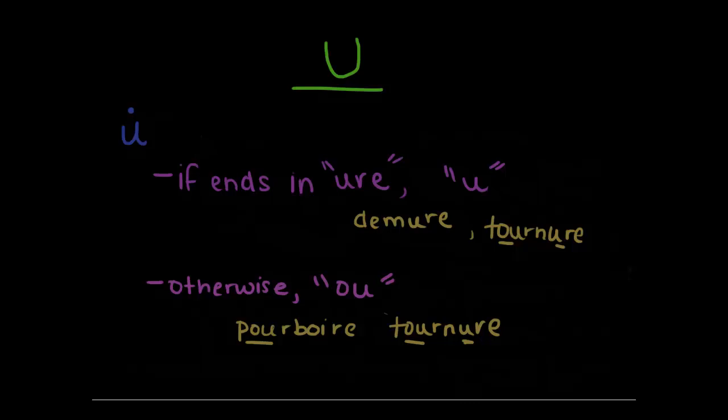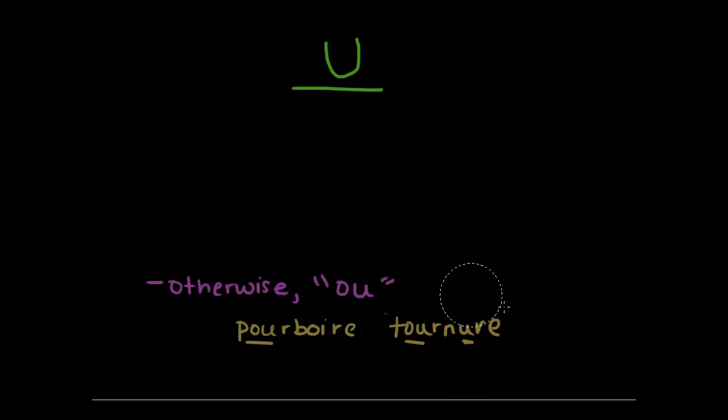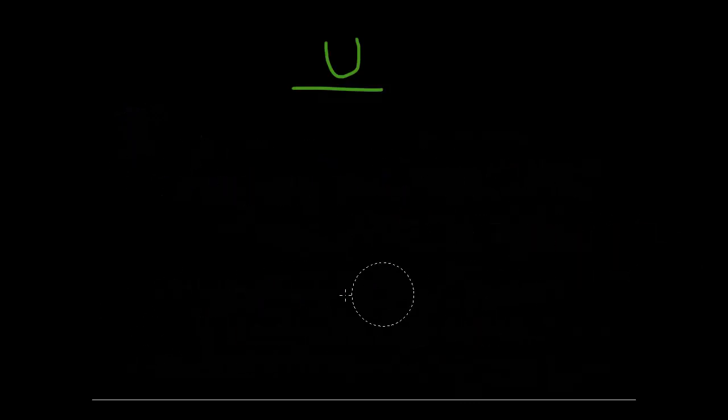Okay, we're getting closer here. Now we're going to look at a little fancy sound that really only happens in French, not so much in other languages. And this sound is, here, let me write it out first, then we can see how to say it. It's more like a U and an E squished together with a line over it, and you have to curve your mouth in a weird way to pronounce it.